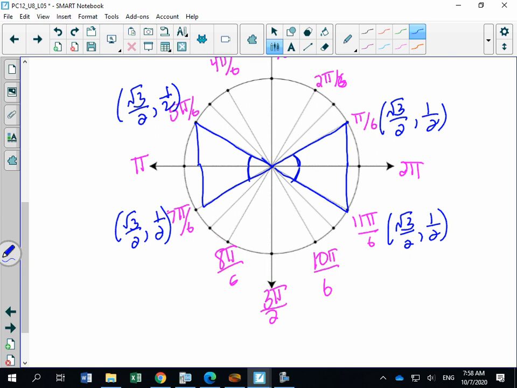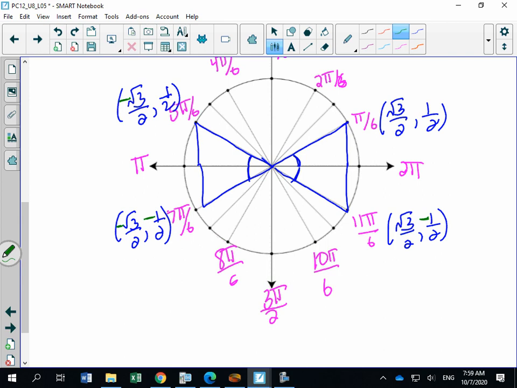Once I have that done, I now go put in my negatives and I say, okay, which were the negative coordinates? So I know in quadrant 1, both are positive. In quadrant 2, the x's are negative and the y's are positive. So that guy would be negative. In quadrant 3, both x and y are negative, right? So both x and y in quadrant 3, and in quadrant 4, only y is negative.